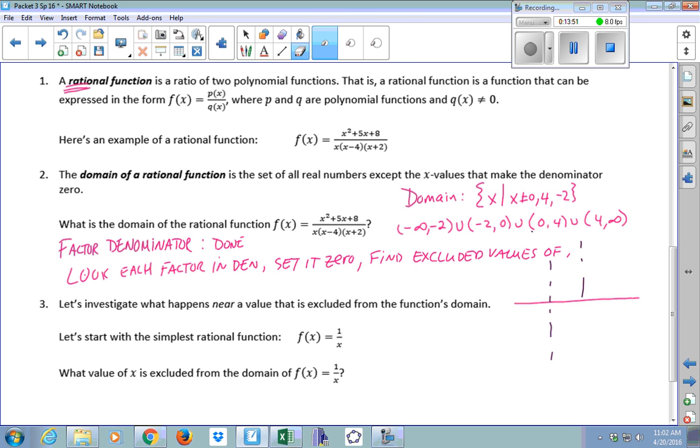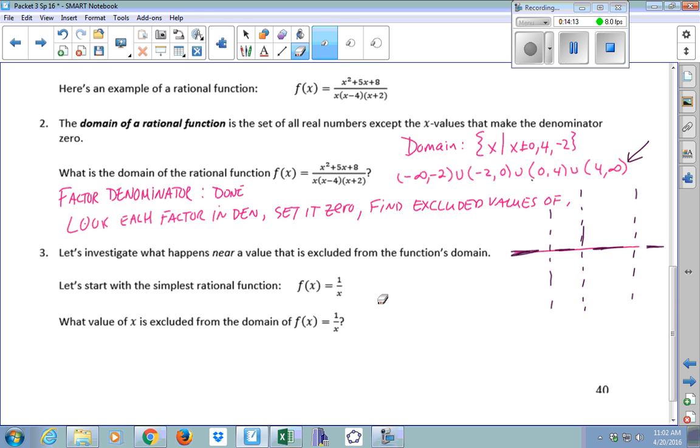The y-axis would be a vertical asymptote, and where would the other one be? At 4, right? So it divides your domain up into 1, 2, 3, 4 sets of numbers, and that's right here.